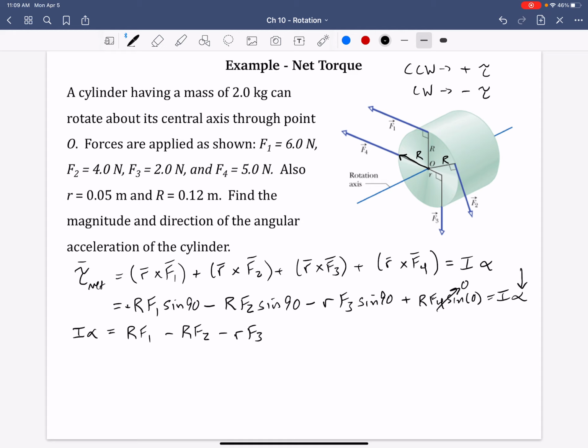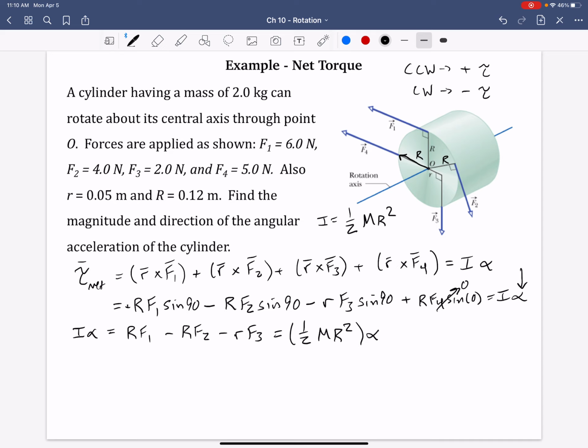The problem doesn't say the value for the moment of inertia in this case, but we can see it's a solid cylinder. Looking back to that table of moments of inertia values, I for a solid cylinder is 1/2 m r squared. By the way, this r is the maximum radius. So over here we have 1/2 the mass of that cylinder times the radius of the cylinder times alpha.